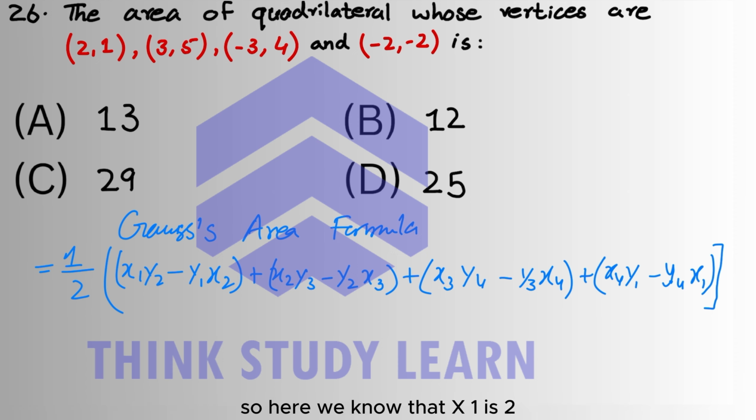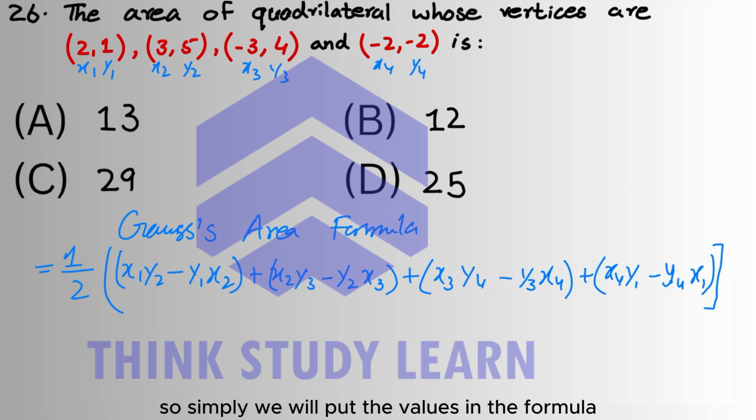So here we know that x1 is 2, y1 is 1, x2 is 3, y2 is 5, x3 is minus 3, y3 is 4 and x4 is minus 2, y4 is also minus 2. So simply we will put the values in the formula.